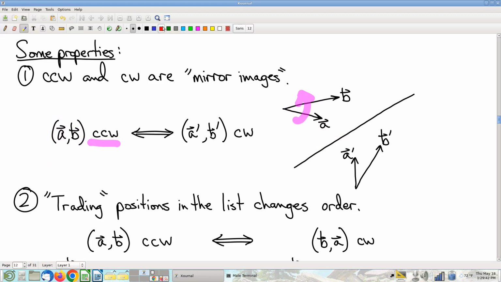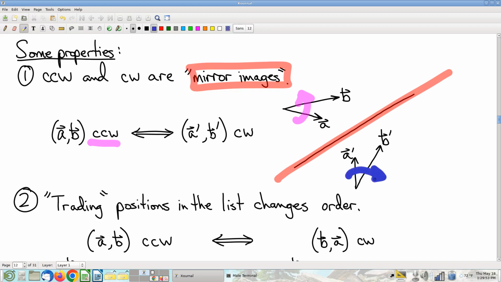And if I were to take the reflection over a line of that counterclockwise list, notice what I get as a result would be clockwise. So loosely speaking, clockwise and counterclockwise are mirror images of each other, or you could say they're reflections of each other. There are probably other choices of words that would be satisfying. Everybody see what I mean by saying mirror images of each other here? Okay, so how about that?